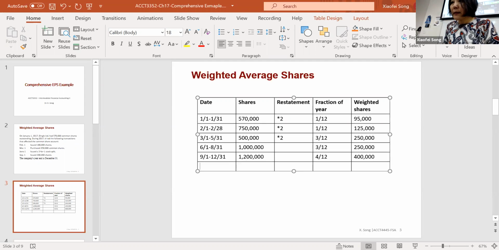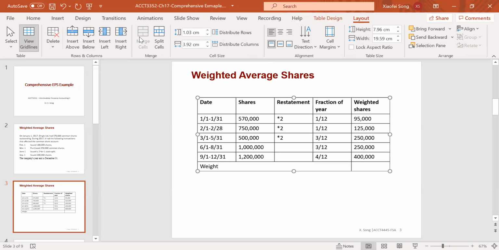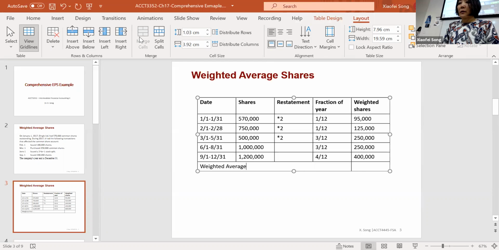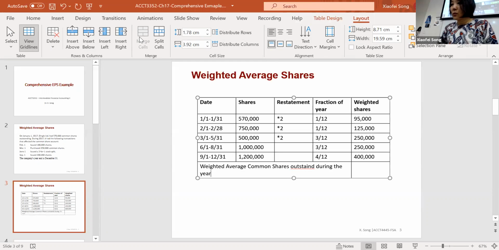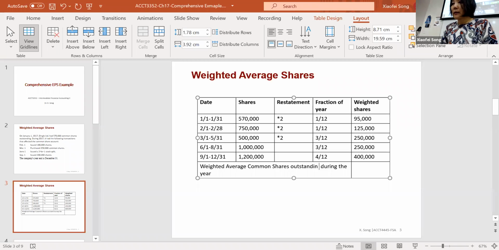So the weighted average number of common shares outstanding during the year, through the year, is 1,120,000.